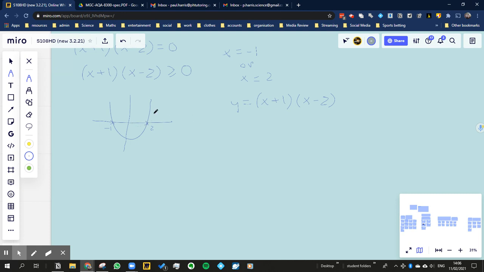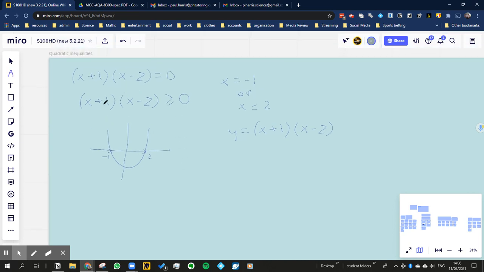Okay. So how can we now use this? How can you demonstrate this? Essentially, we're looking at this. So if we look at where I've put the y, I'll use a different colour that's a bit more visible.